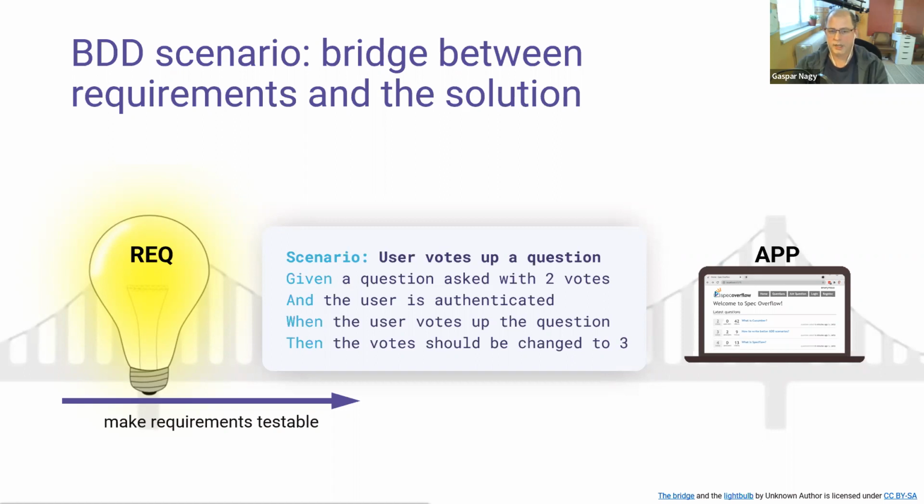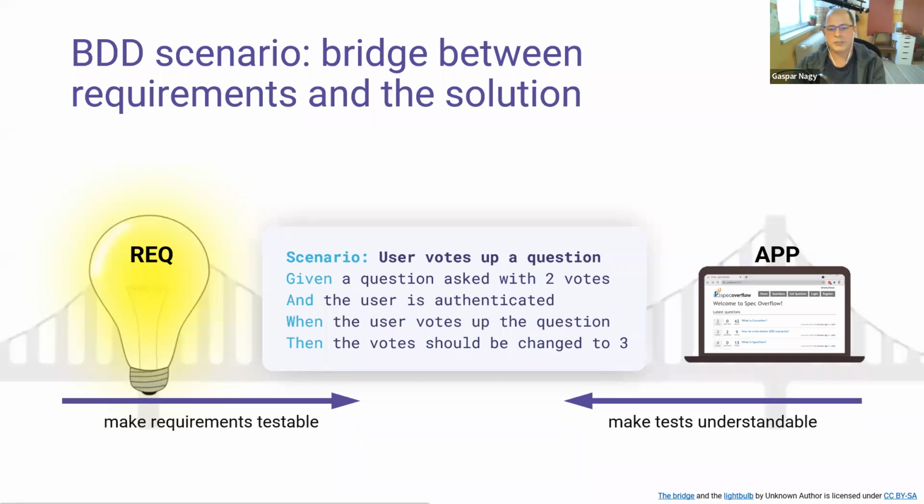Or from the other side, if you have many automated tests, how can you make your tests more understandable? I don't know if you had this experience. I definitely had that many times, that you come back to your automated test half a year later or a year later, and it's sometimes very hard to understand what I really wanted to test with that.